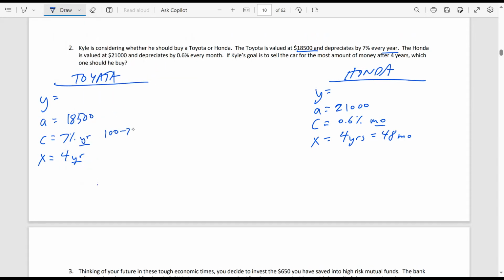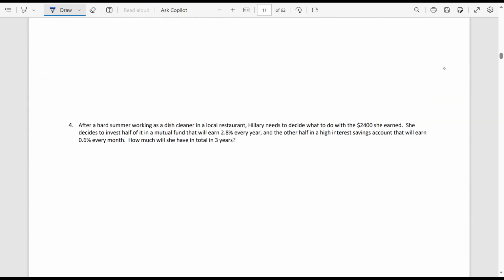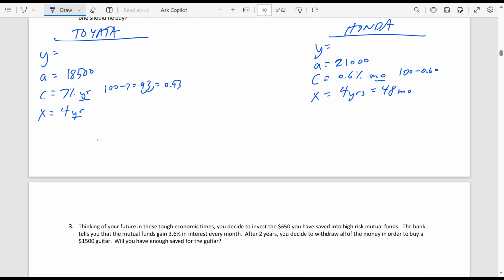So 100 minus 7 gives me 93. Move the decimal twice. The value I'm going to work with is 0.93. For the 0.6, it looks a little weird. 100 minus 0.6 gives me 99.4. Move the decimal place twice.